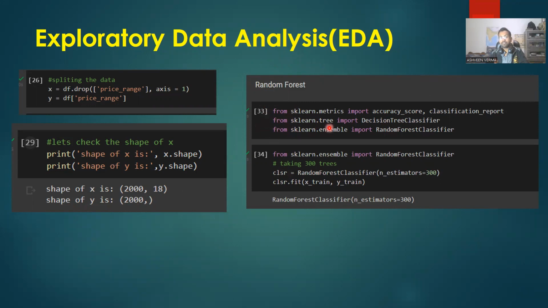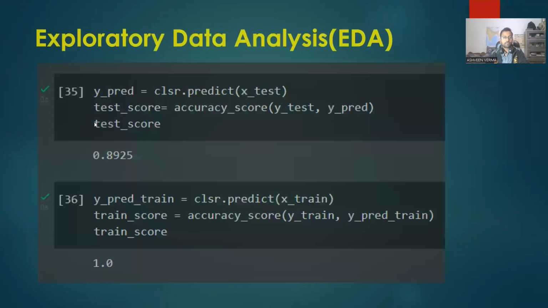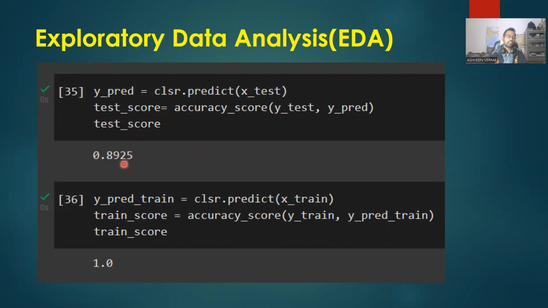Here we call the random forest classifier, and it ran successfully. And from this slide we can see our test score, which is 0.89.